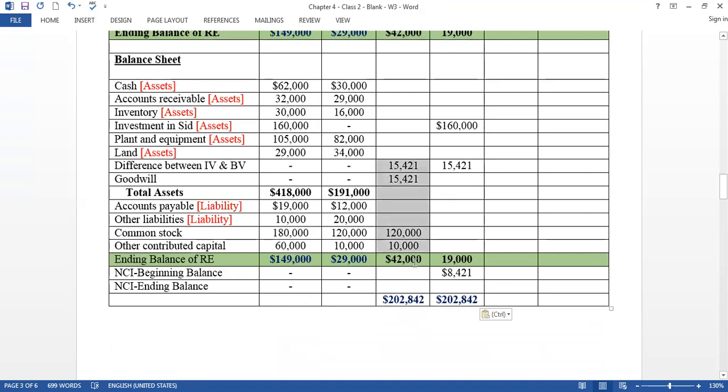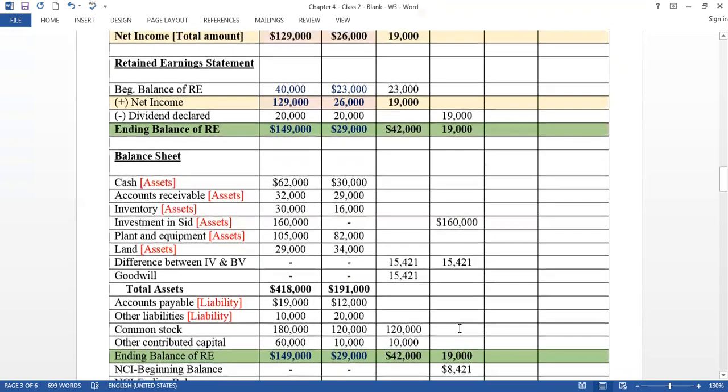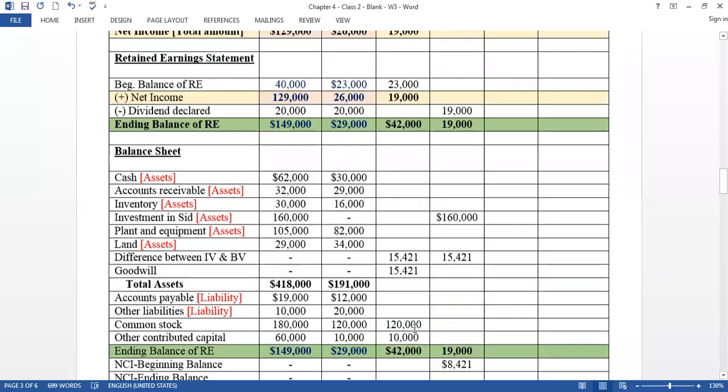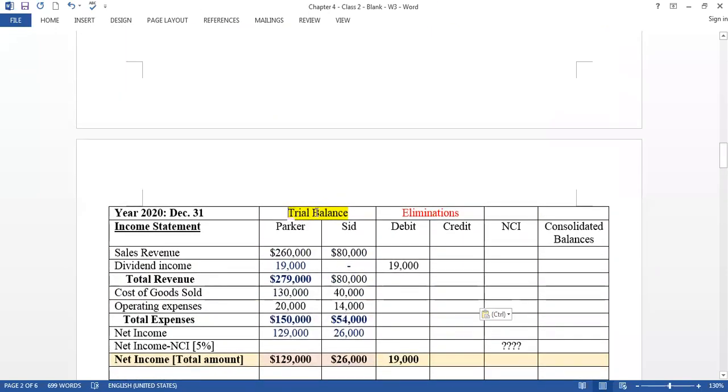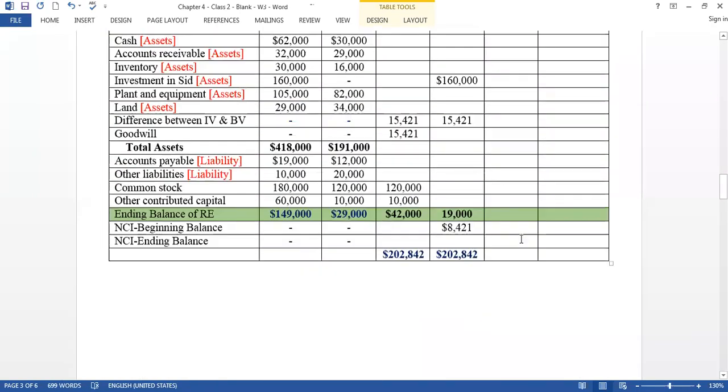So you can add everything and we will find this. You will find this number. So we just done trial balance and the elimination. The next class I will tell you NCI and the consolidated balance. Very easy, just plus and minus.